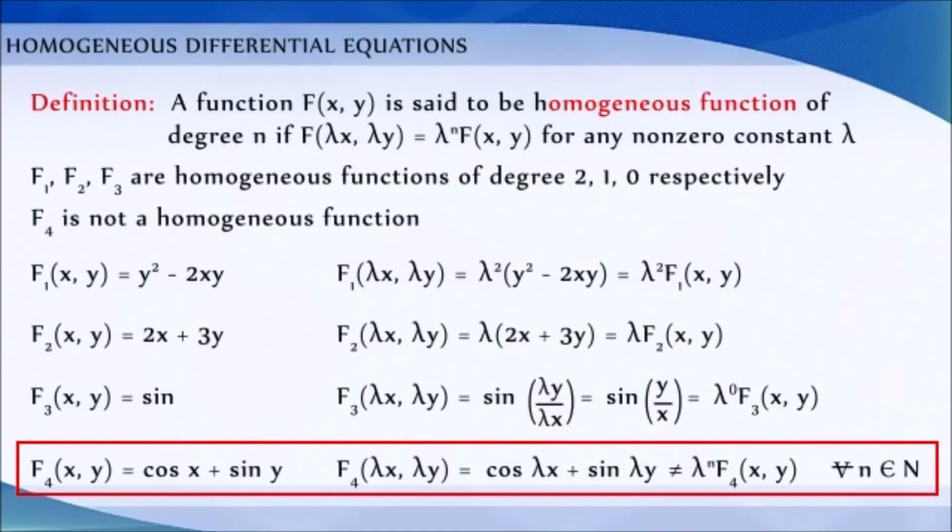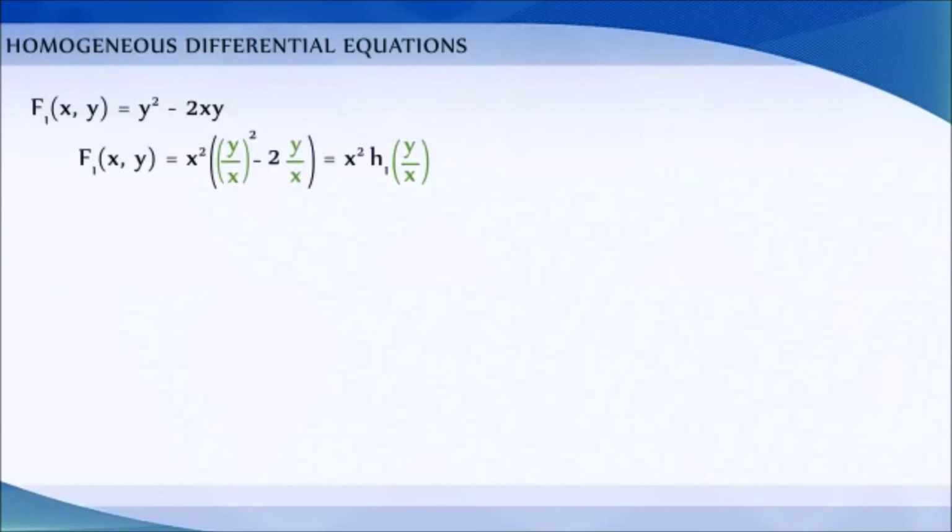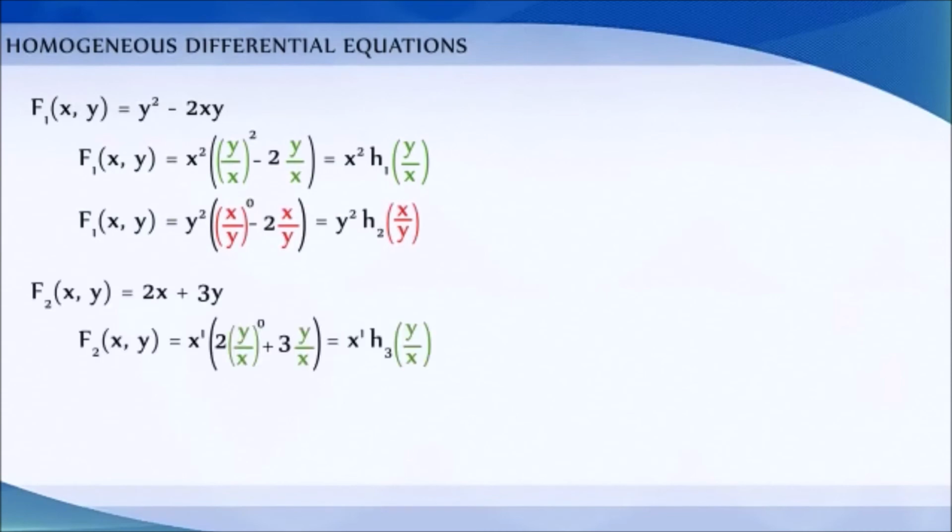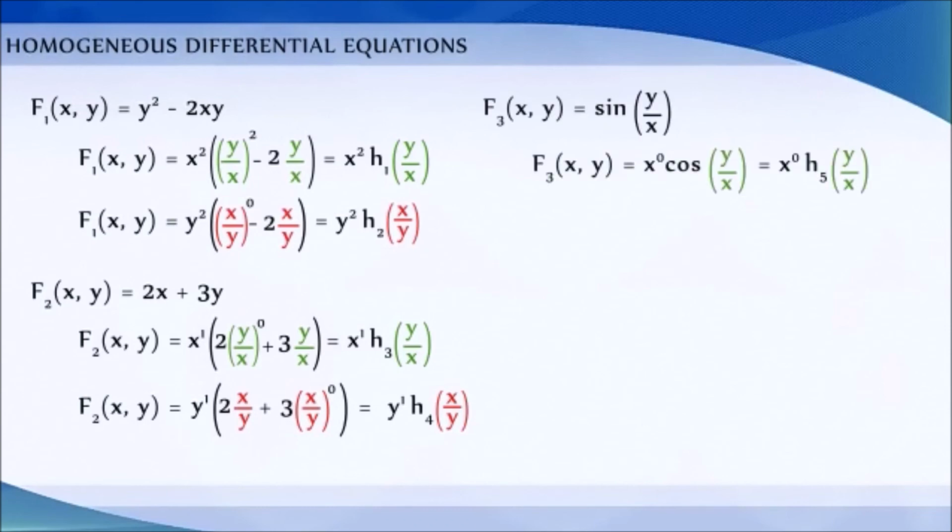Again, f1 of x comma y can be rewritten as f1 of x, y is equal to x square into h1 of y by x, or f1 of x, y is equal to y square into h2 of x by y. Similarly, f2 of x, y can be written as x power 1 into h3 of y by x, or y power 1 into h4 of x by y, and f3 of x, y can be written as x power 0 into h5 of y by x.